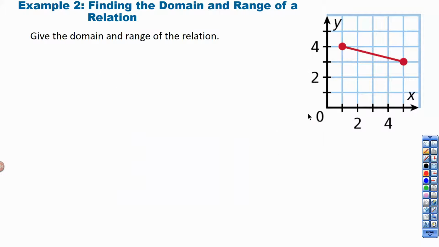So now we need to give the domain and the range of the relation. For the domain, we want to write it as a set, right? So what values will that be as a set?